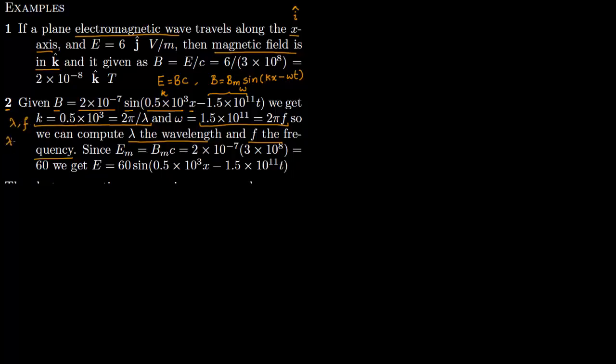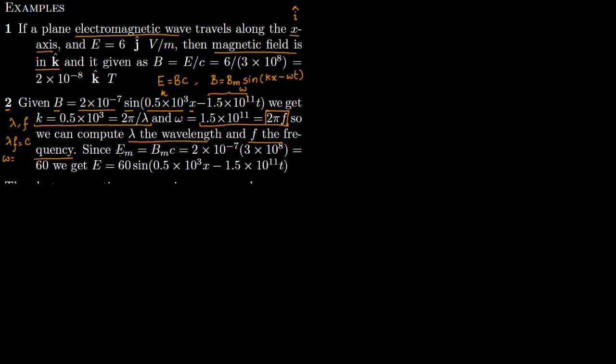In the previous slide we saw that lambda times f is c, where c is the speed of light, 3 into 10 to the power of 8 meters per second. If you know lambda, you can compute f. If you know f, you can compute omega as 2 pi f.